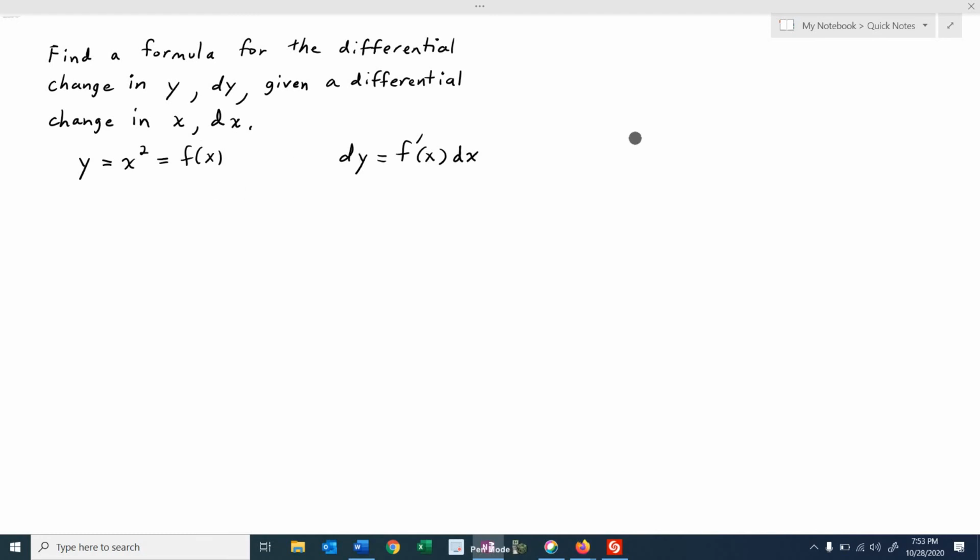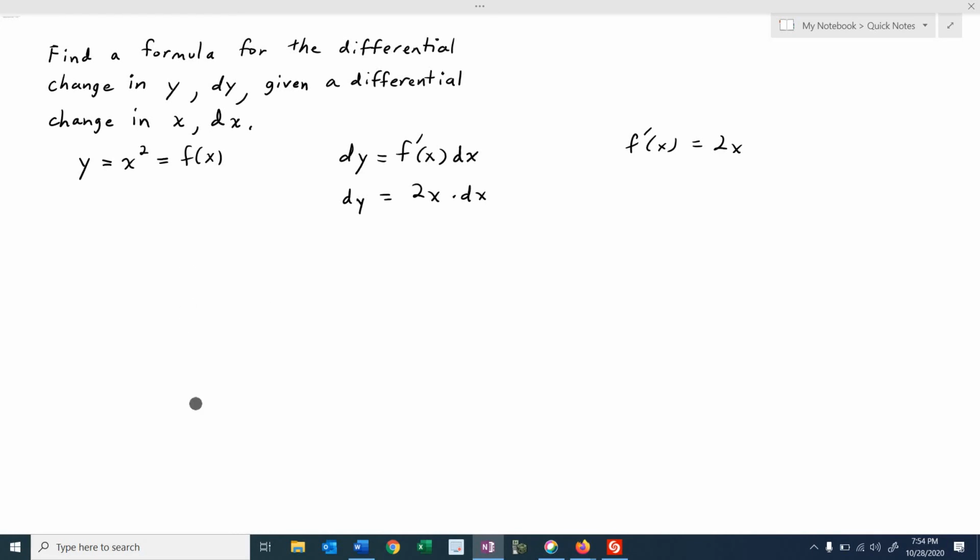Okay, well, f prime of x in this case would just be 2x. And so dy is going to be equal to 2x times dx. So now we have a formula to find differential change in y given some differential change in x.